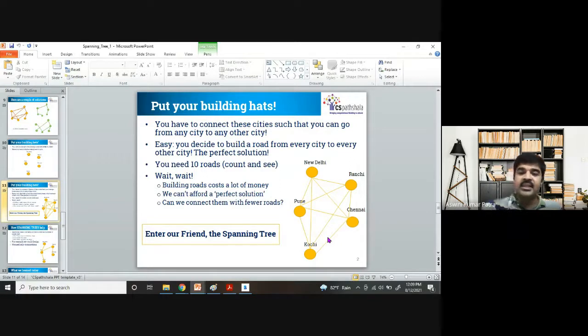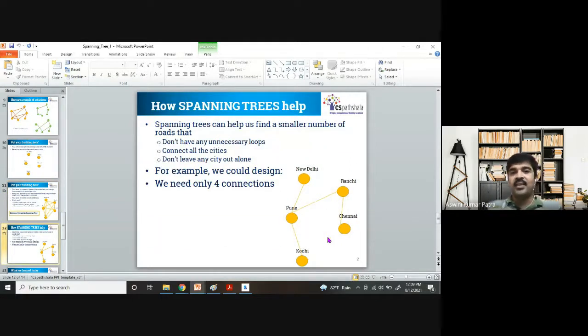Yes. Spanning trees can help us find a small number of roads that do not have any unnecessary loops, that connect all the cities and do not leave any city out alone. So we need only 4 connections instead of 10. Get that point?